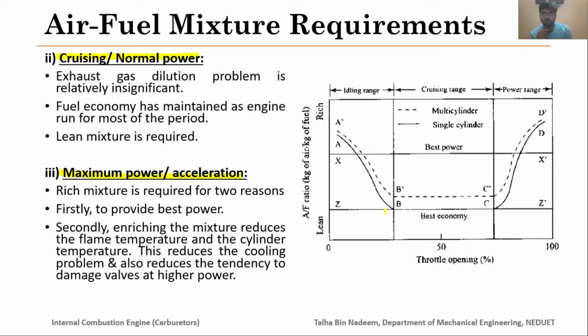And also when we are accelerating our IC engine, or operating it at higher loads, we require the best power output as well. So again we would be entering a rich air fuel mixture into the IC engine.